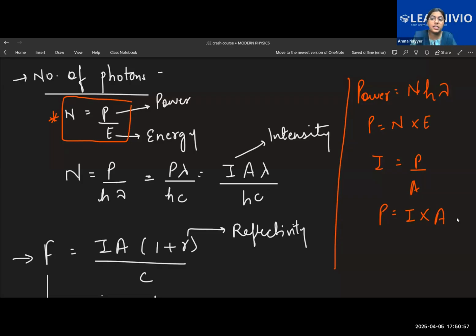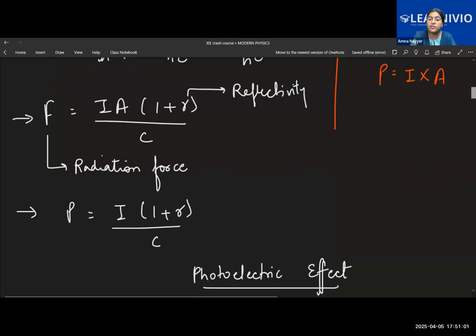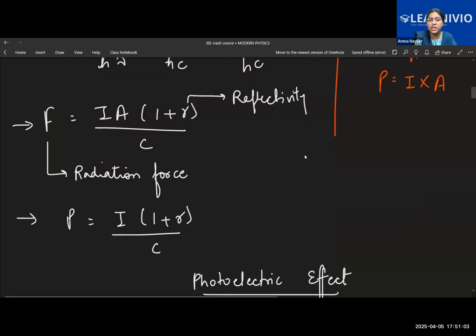Now, coming to the equations that I was talking about, which relate to your thermal physics of class 11, are these two equations. The radiation force comes sometimes and radiation pressure comes. This is radiation pressure. So this is the intensity multiplied by area, that is the power, times 1 plus R, reflectivity.